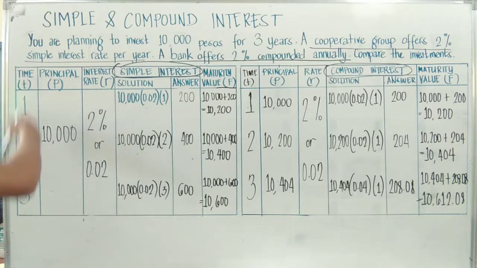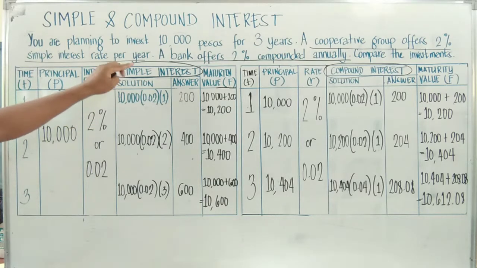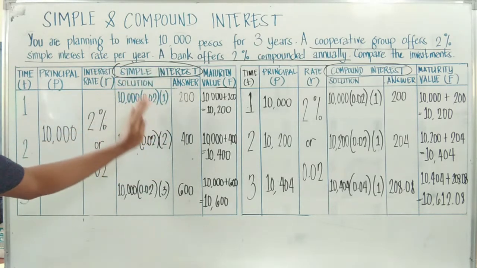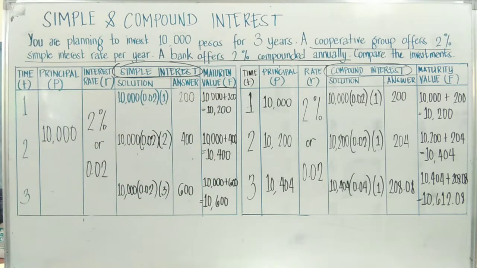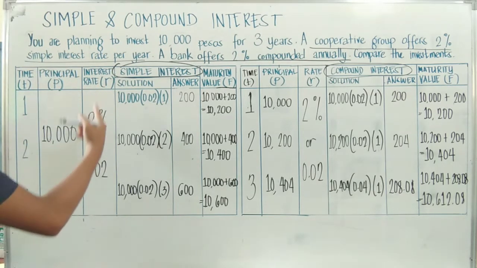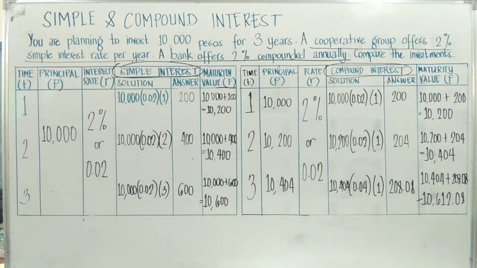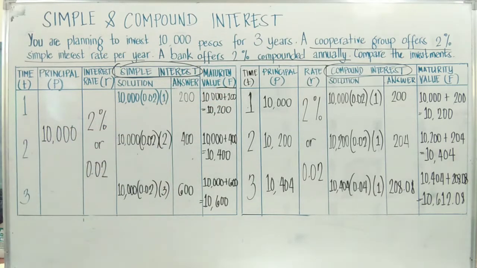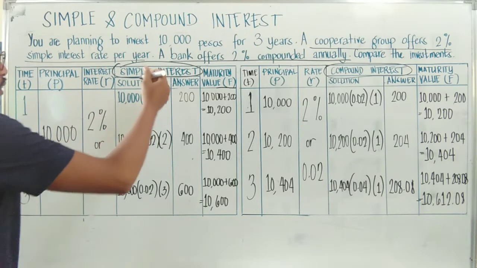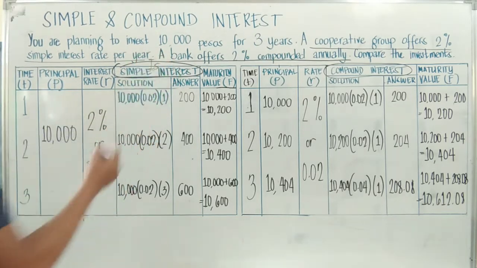We have the content of your table: the time, the principal, the interest rate, then the solution and the answer for your simple interest, and the maturity value after a certain time. So time is denoted by T, principal is denoted by P, the interest rate is denoted by small letter r, then your maturity value is denoted by F. So simple interest can be denoted by I sub S.